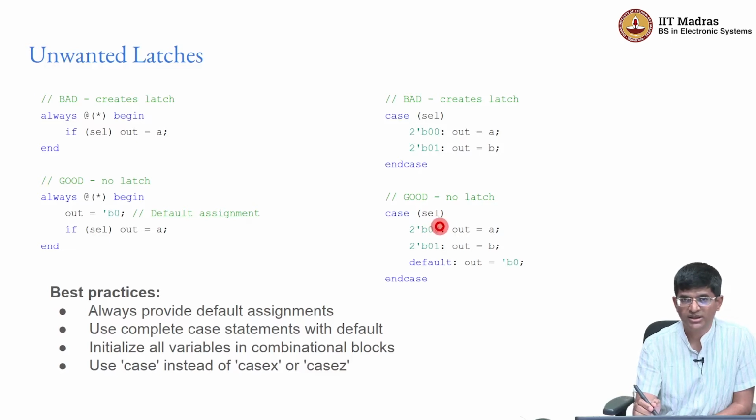Casez is almost certainly not synthesizable in the sense that there is no reliable way of detecting that something is at a high impedance state. So bottom line is, most likely that is not what you want when you are trying to synthesize your logic, and therefore just avoid it in your code to start with, because most likely it is not going to synthesize into something that you expect.